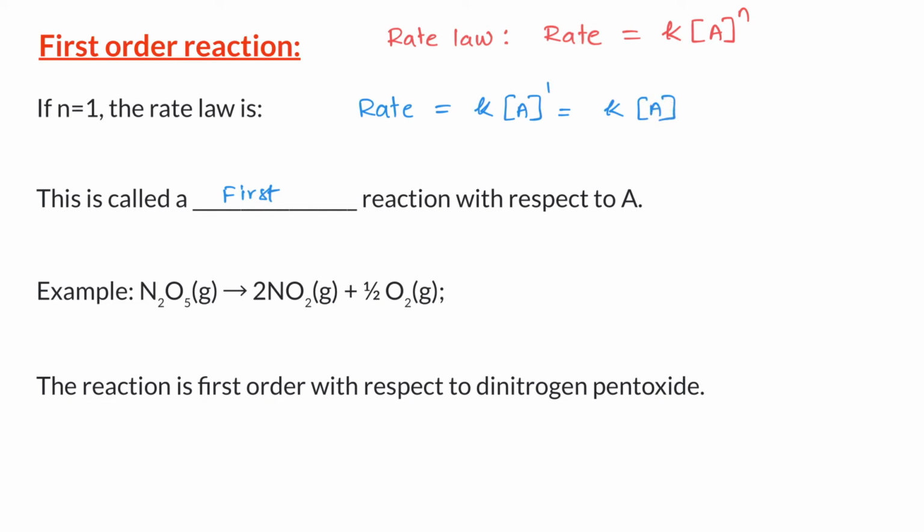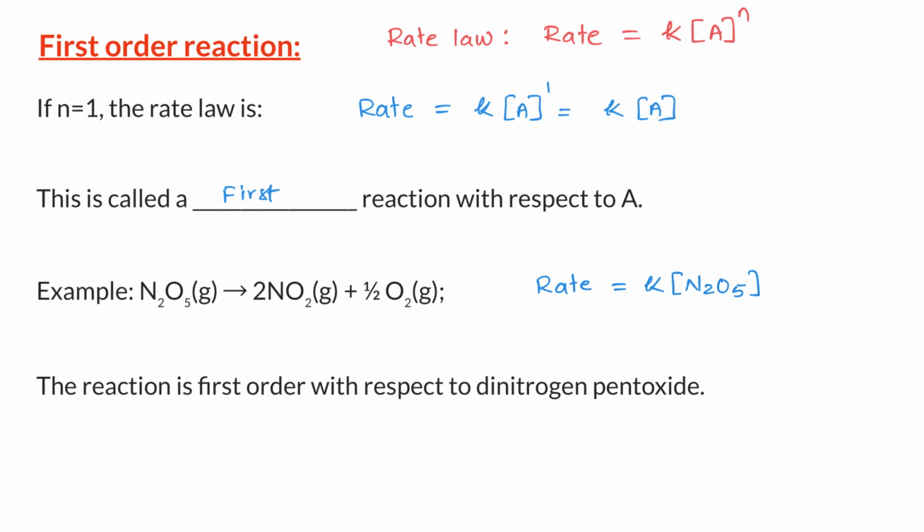An example of a first order reaction is the following. Dinitrogen pentoxide dissociates to form nitrogen dioxide and oxygen. The experimentally determined rate law for this equation is rate is equal to k times concentration of N2O5 to the power 1, or concentration of N2O5.